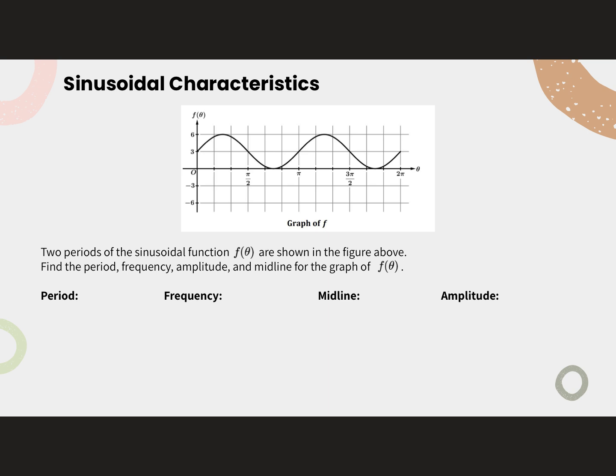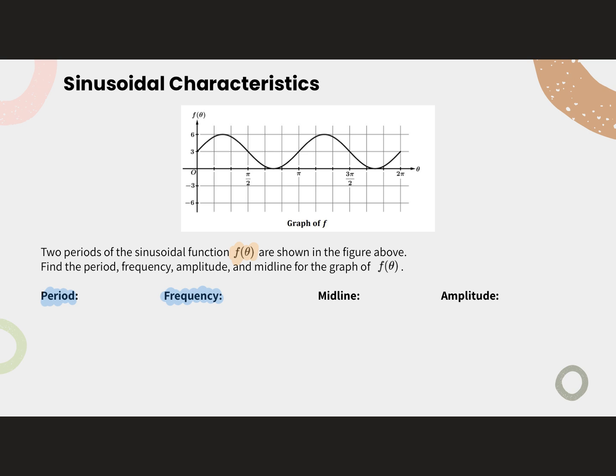So starting with a graph, we have 2 periods of a sinusoidal function, f, that are shown in this graph above. We are tasked with finding the period, frequency, amplitude, and midline for the graph. So I'm going to start with period and frequency. I'm looking for the length of one cycle.